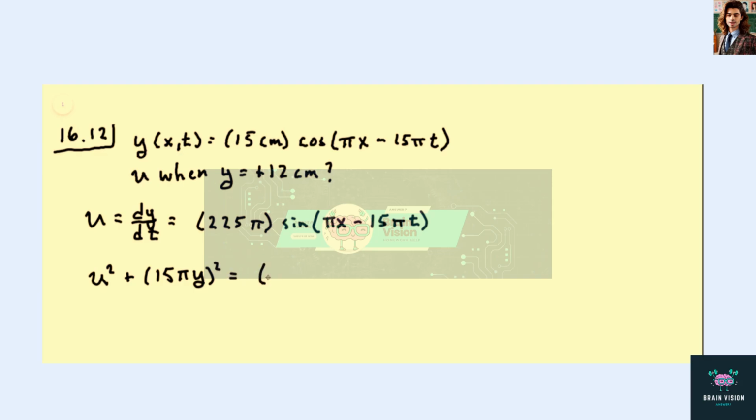So what we end up with is 225 pi squared. This is why we chose 15 pi, so that they both have the same factor out front.